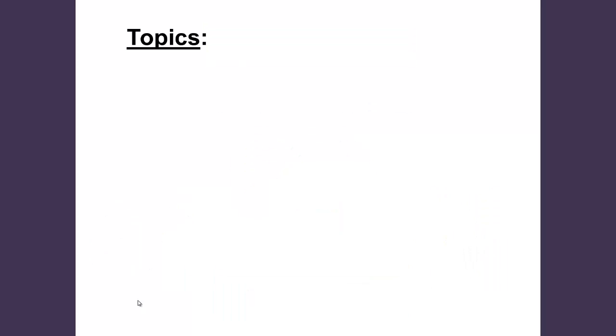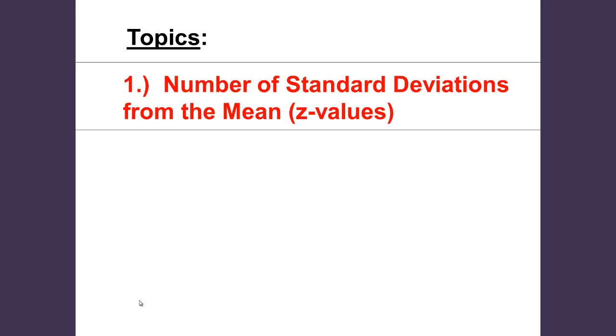For this set, I will discuss what a Z-score is, how to calculate a Z-score, and comparing values on different scales. For topic 1, I will explore Z-scores as the number of standard deviations from the mean, the Z-values. I will do this using graphs and formulas to illustrate the concept.